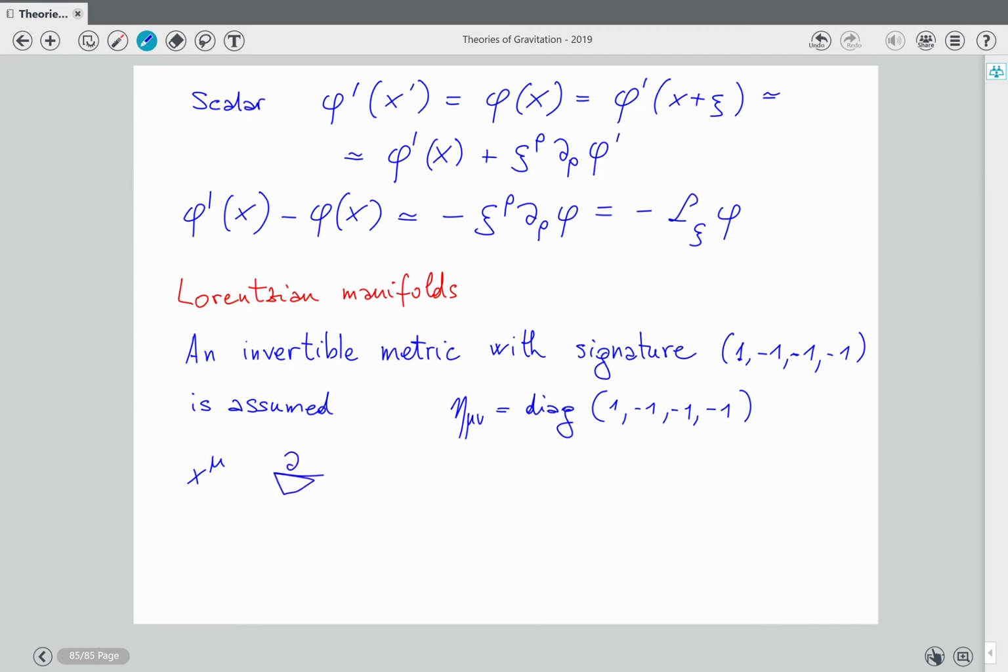Partial derivatives will be shorthanded to this. So we have differentials and derivations, which are dual to each other.